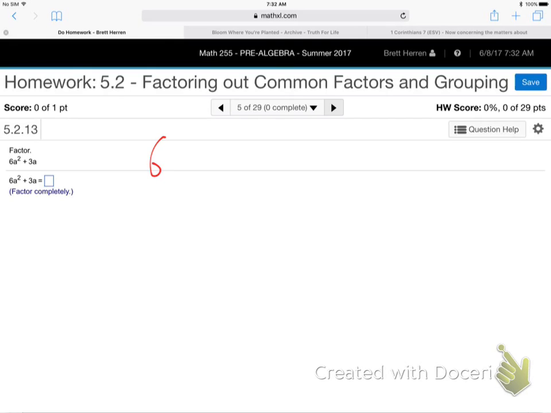Okay, so we have 6a squared plus 3a. So unmultiply that one.